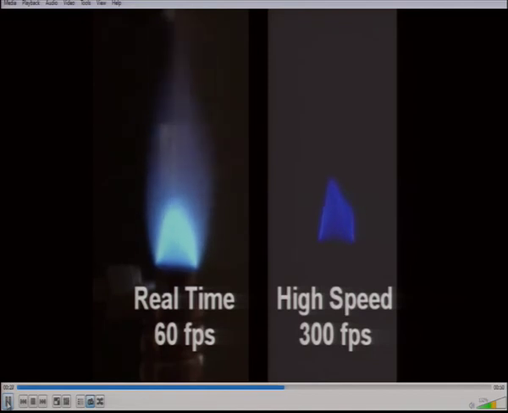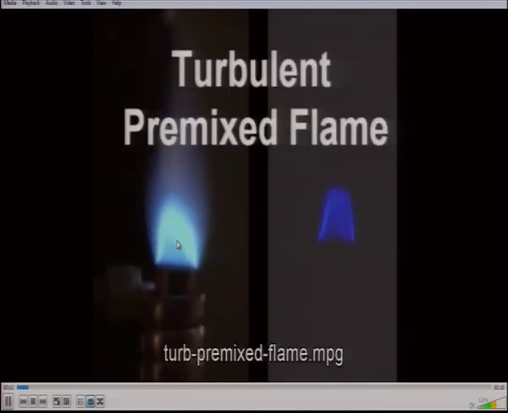So if you compare the two, you will probably agree with me. In the high speed one, with high speed you are able to resolve it into some individual flames which are moving about and giving you the impression of a large thick flame zone.